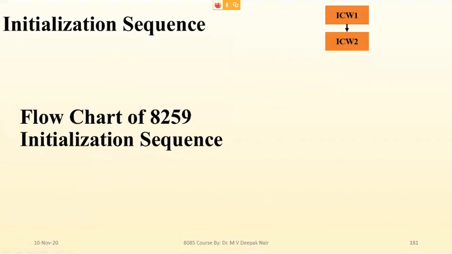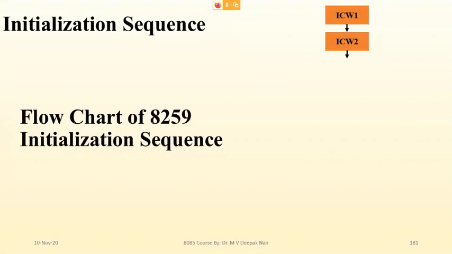It is mandatory. In ICW1 there is information like the type of triggering and whether the address interval is 4 byte or 8 byte, and then ICW2 will provide the higher address byte. There is no confusion in that. So ICW1 and ICW2 are mandatory, so we have to pass these two.